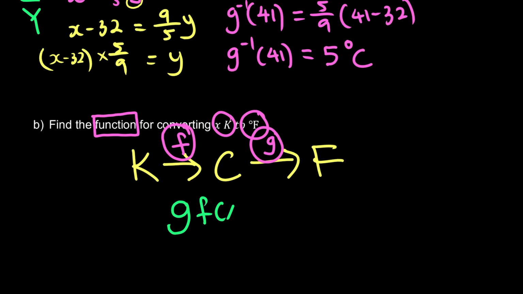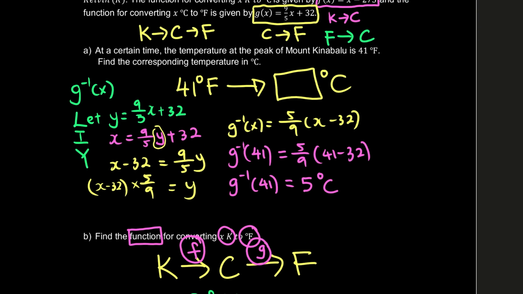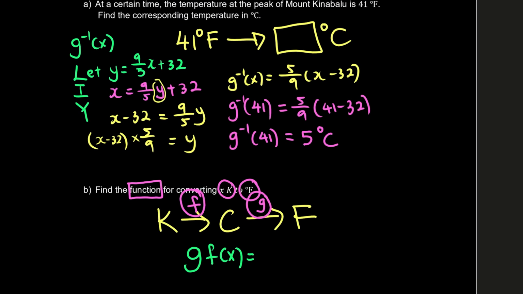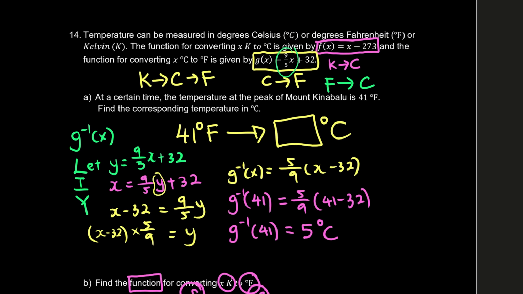So how do we find G(F(x))? Easy, right? Go to the G function. What is our G function again? It is 9 over 5 x plus 32. So 9 over 5 x plus 32. But what is our input now? Our input is F(x). What is our F(x)? Our F(x) is x minus 273.